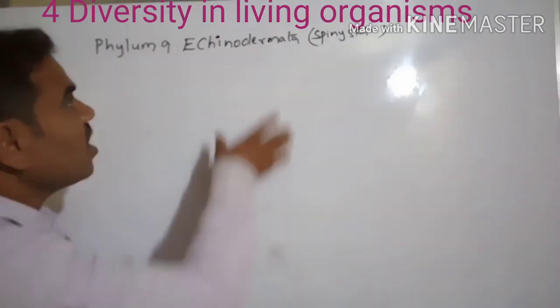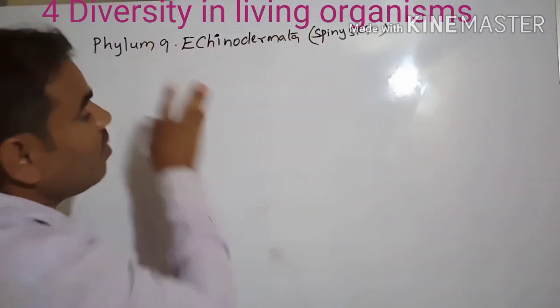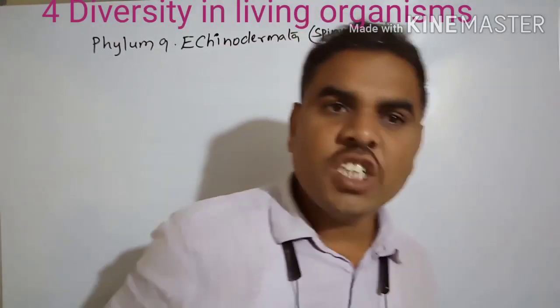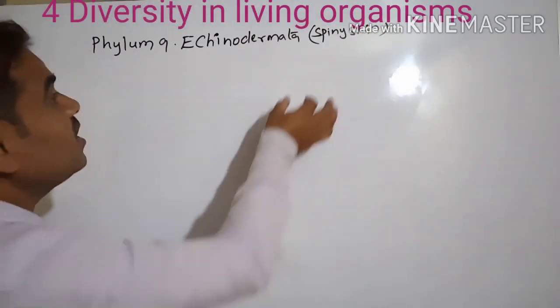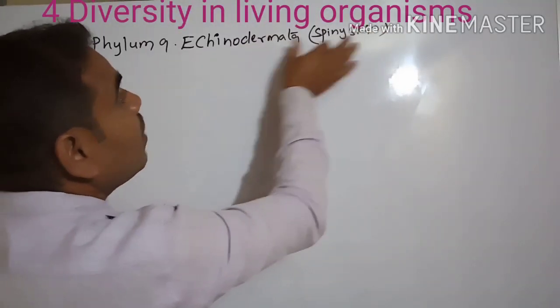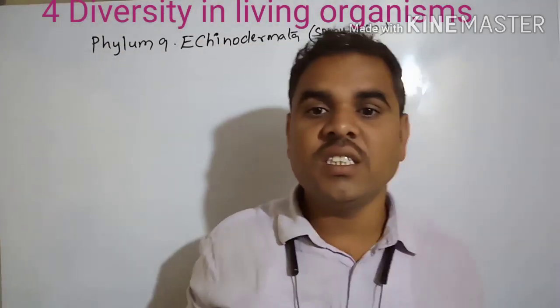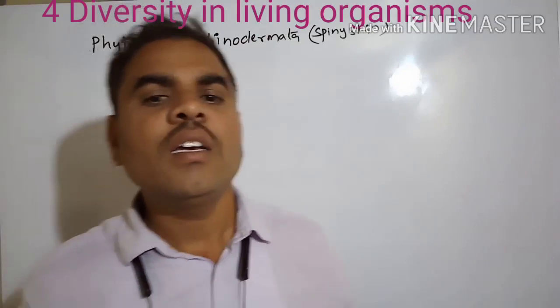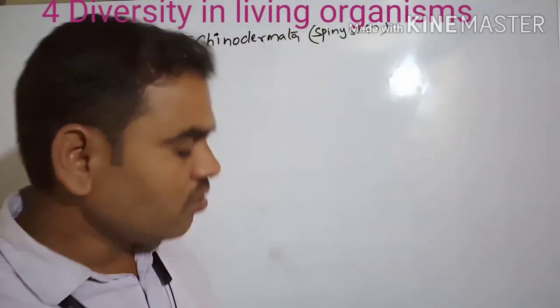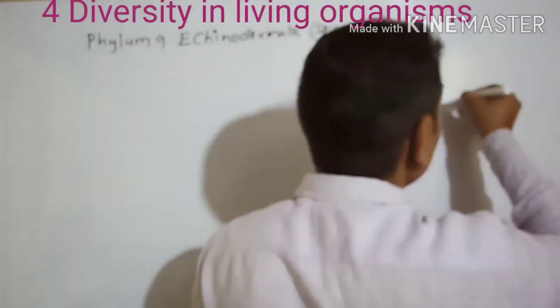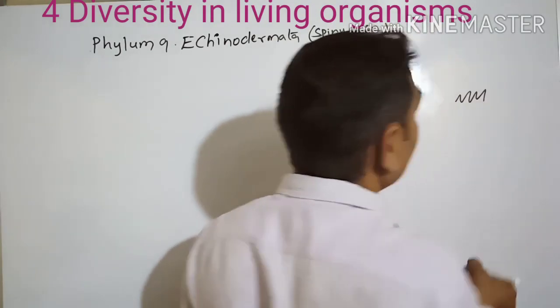We have to see the Echinodermata, phylum 9. What is Echinodermata? Echinos means spiny, and derma means skin. Spiny skin is present.